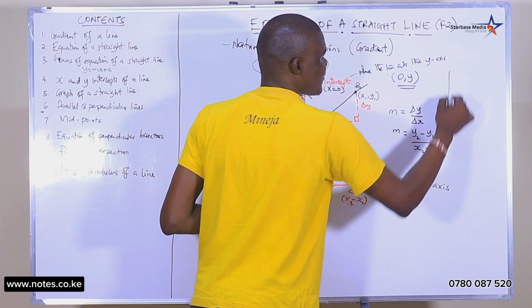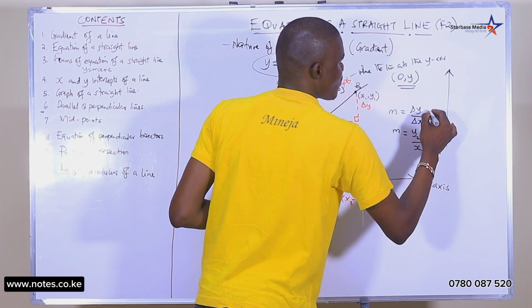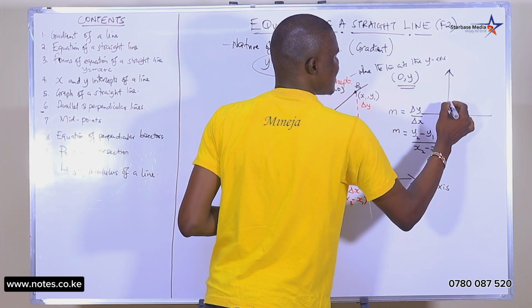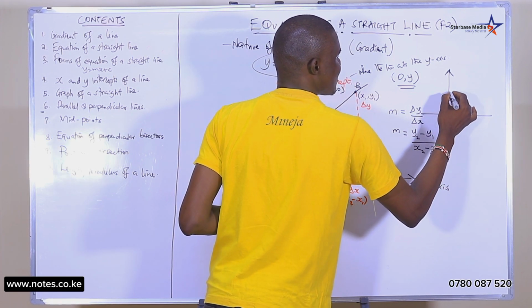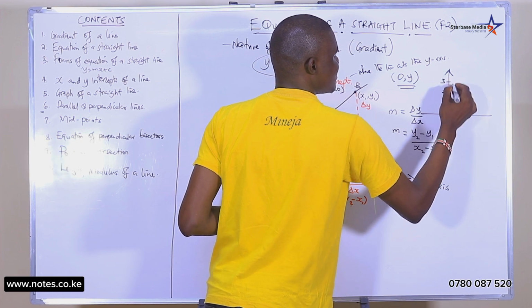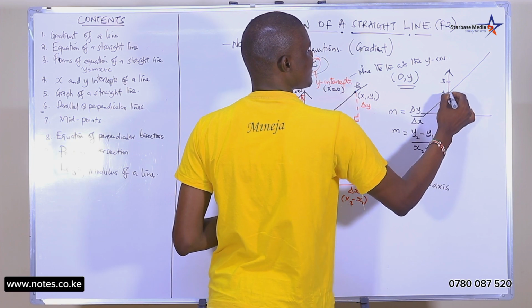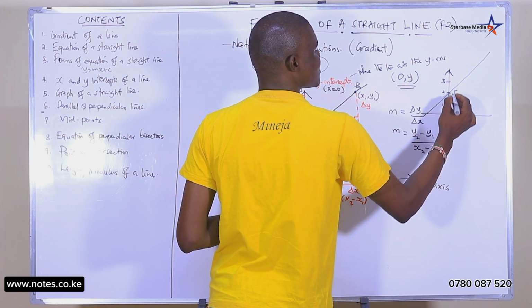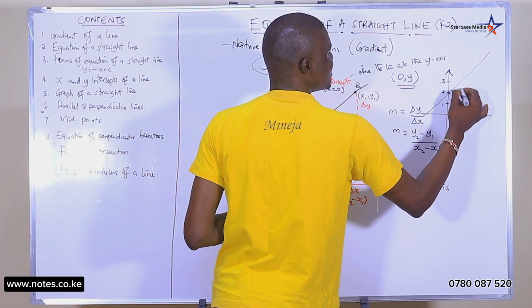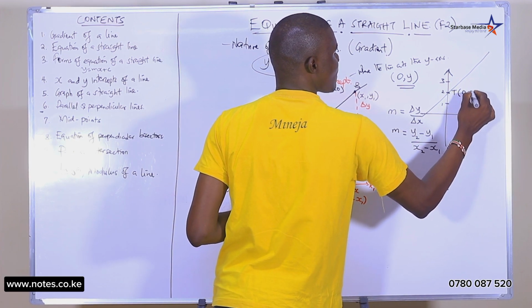So when I have a graph here, where for example here is 2, here is 1, and here is 2, and here is 3, then I have a line passing through here. When I want to find this point T, its coordinate, I'm simply going to say T is (0, y).